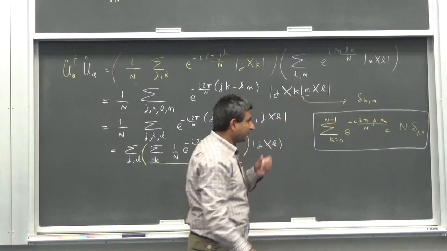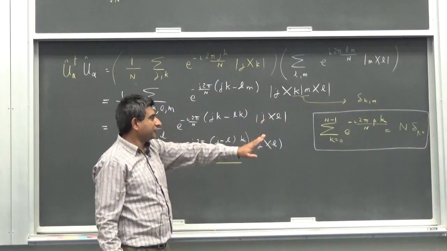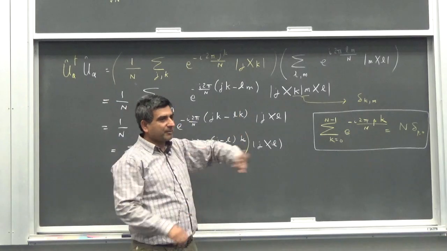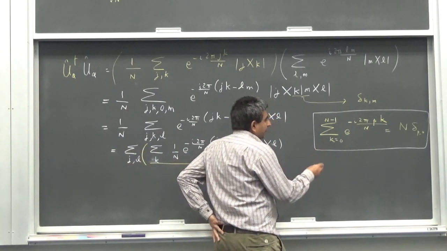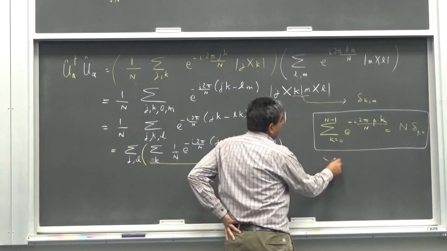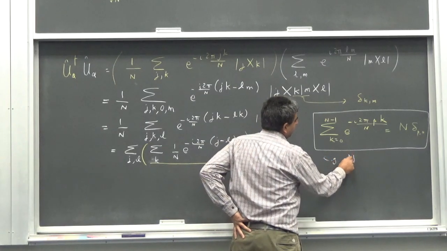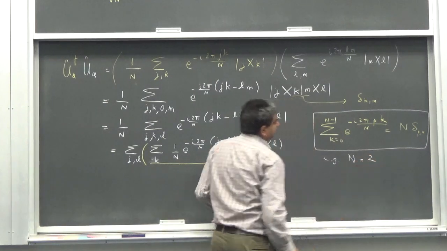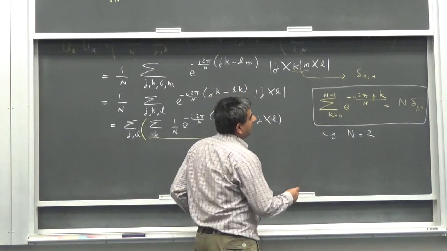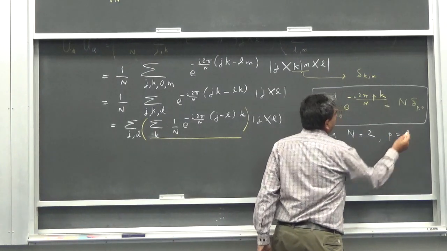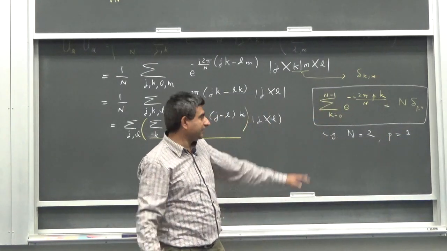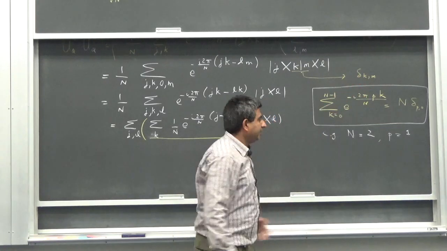It's used quite a bit in complex analysis, very commonly used in quantum field theory and so on, and when you talk about second quantization, it's really popular. So for example, suppose my capital N is 2. Let me just give an example. And my p is 1, non-zero. Let's see what this thing turns out to be.